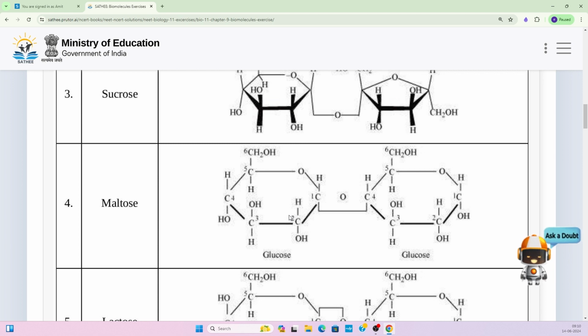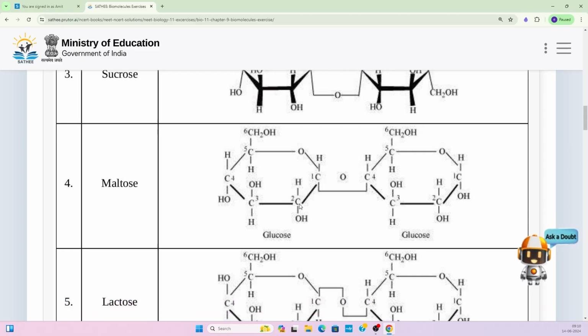Whereas in the case of maltose, you see two glucose molecules unite together by a glycosidic bond. The bond between the two glucose units is the glycosidic bond, and it forms the maltose disaccharide. These are examples of disaccharides, sucrose and maltose.